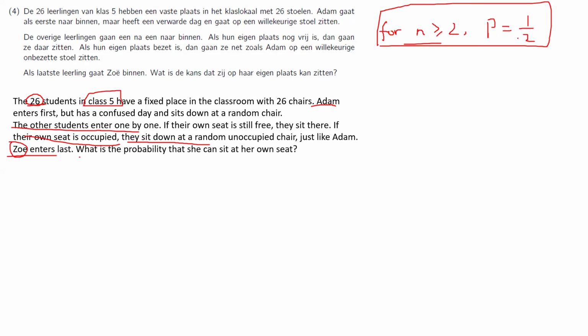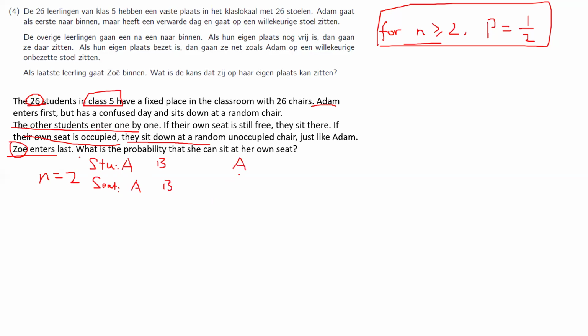We prove our claim using mathematical induction, and in this case, we use complete mathematical induction. First of all, we try n equals 2 as the base case. We have Adam, A, and B: 2 students and 2 seats, A and B. In this case, it's very easy.